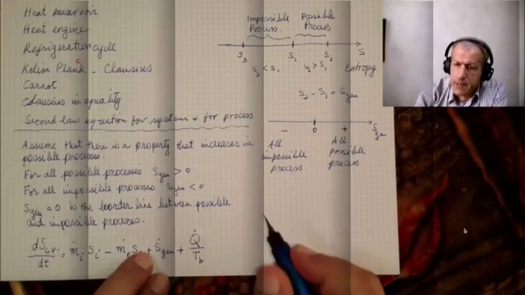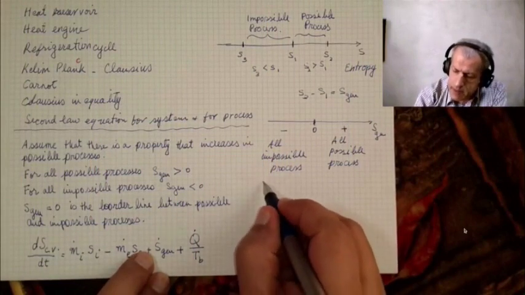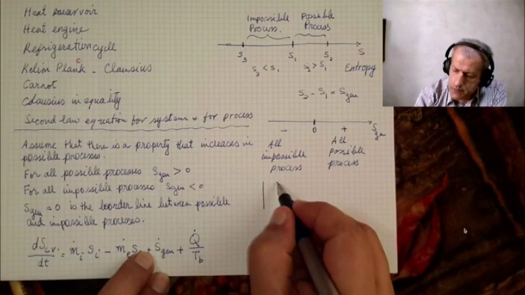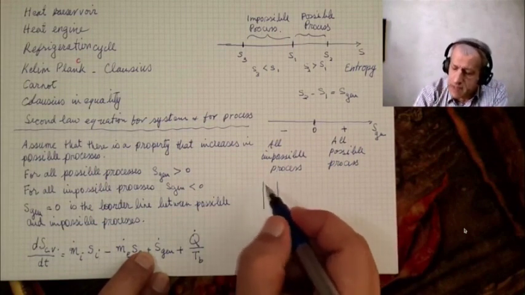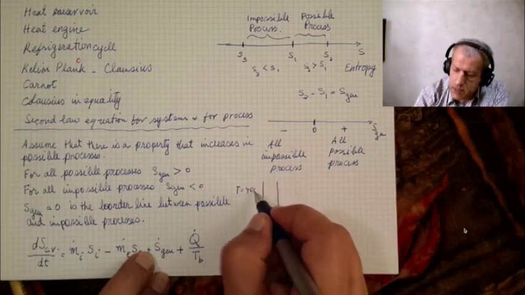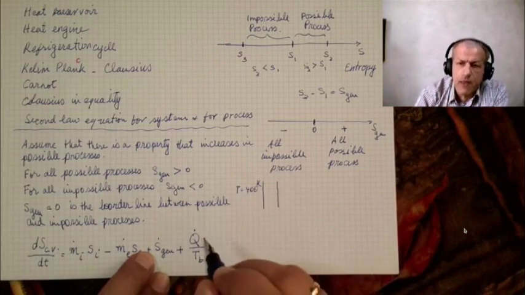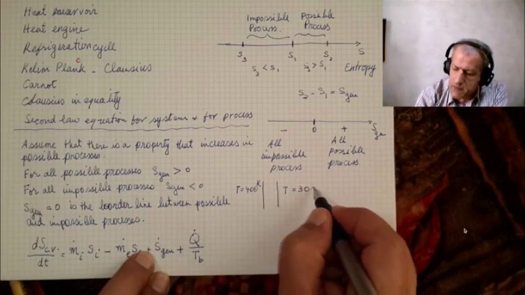Let's assume that there is a wall. At the left side, the temperature is T equals 400 kelvins. And on the right side, T equals 300 kelvins.